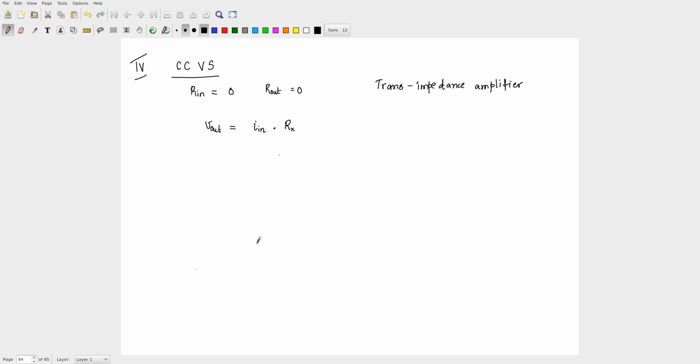Exactly, from the current you should make a voltage. Once you take the current and make it into a voltage, you will get a current controlled voltage source.